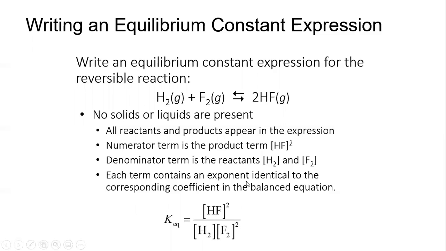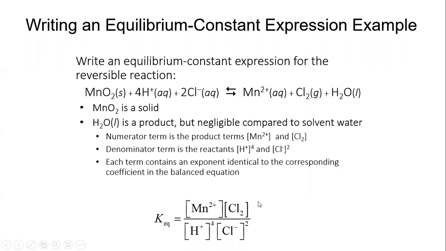Now, if it was a heterogeneous equilibrium like this, here you'll notice that we don't have just all aqueous. We have aqueous, we have solid, we have gas, and we have liquid. So you see MnO2 is a solid, then Cl minus is aqueous, Mn2 plus is aqueous, and Cl2 is a gas, and then we have another liquid. So since manganese 4 oxide is a solid, it is not included in the equilibrium expression.